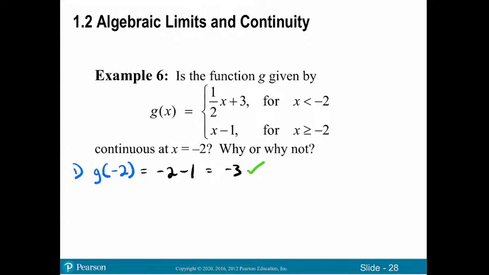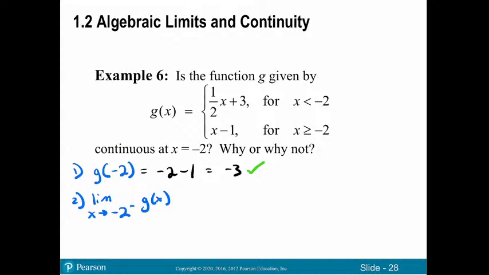Okay. So we want to consider the limit as x approaches -2. Now I'm going to break these apart into the left and the right. First, let's consider the limit as x approaches -2 coming from the left. Coming from the left, we're going to use that first line of g of x.